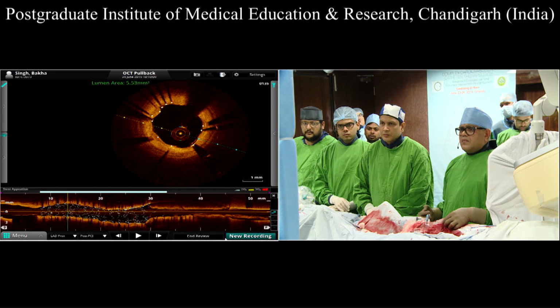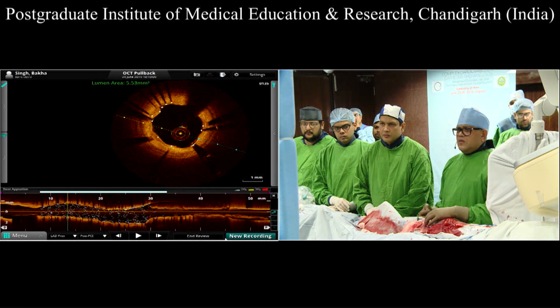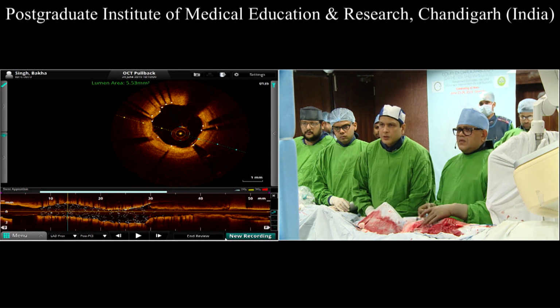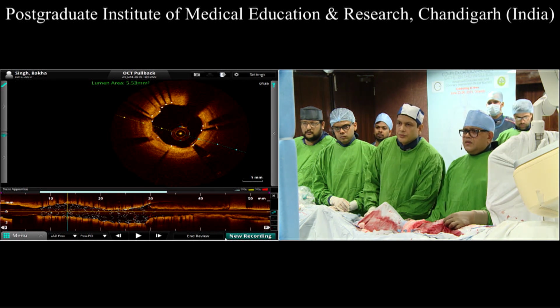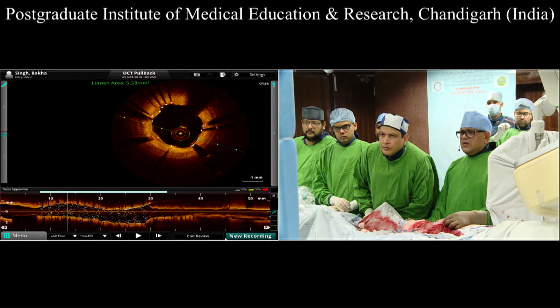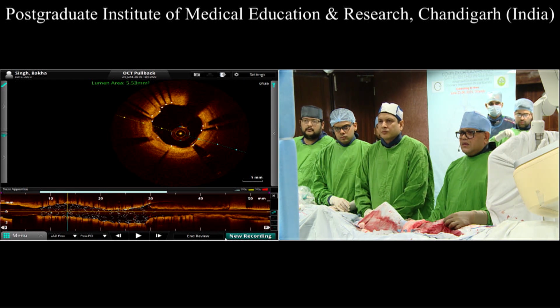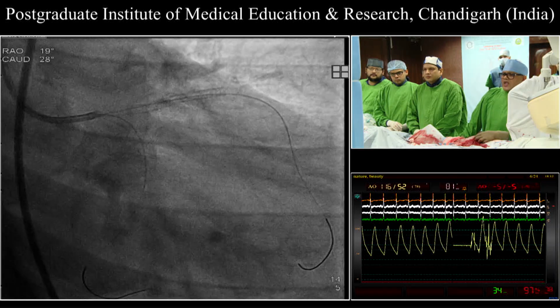There is a remaining question, which is debated in the world of bifurcation: do we have to leave the strut on the circumflex? So what is your position? You leave the strut in front of the circumflex, or you try to remove it? Okay.